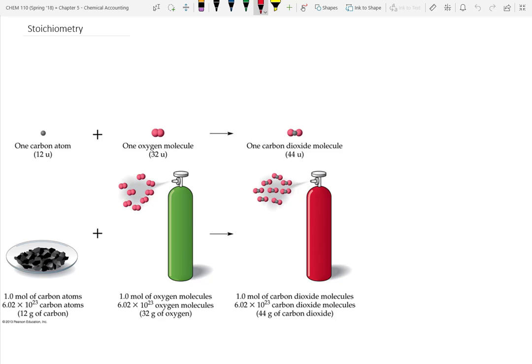All right, so the next part of the conversion chapter is involving something called stoichiometry. Stoichiometry is just a fancy word for the ratio of atoms and molecules. So let me describe it in a little bit more detail.